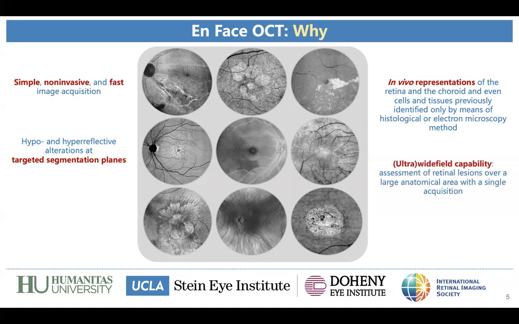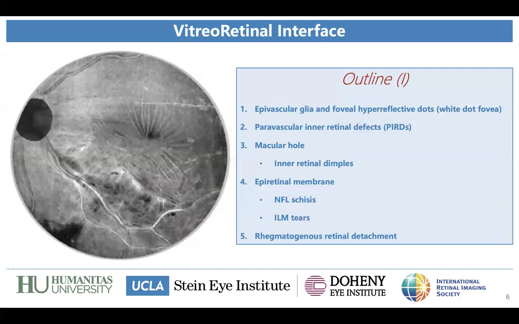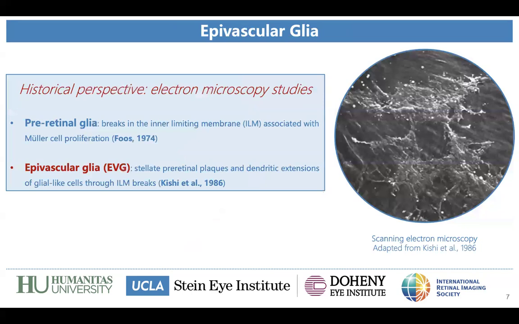In addition, face OCT more recently also has an ultra-wide field capability that allows assessment of retinal lesions over a very large anatomical area with a single acquisition. Starting with the vitreoretinal interface section, we will first focus on some biomarkers and then on more clinically significant disorders, starting with a historical perspective.